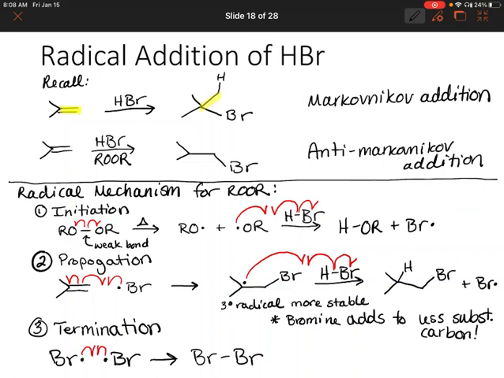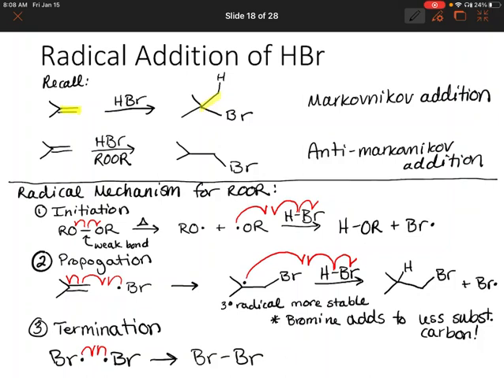All right, so if you were wondering why peroxides make a difference for hydrohalogenation, now you know why. It's because we want to form the more stable intermediate radical.